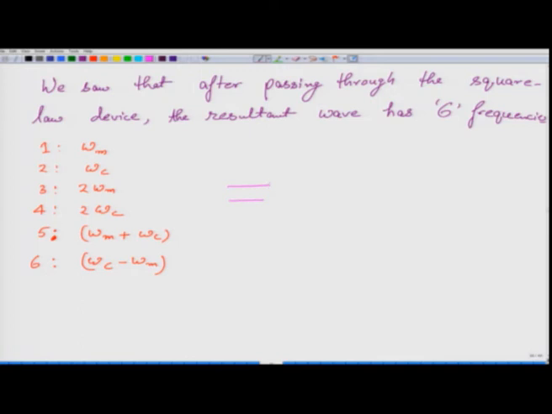So, to get rid of these unwanted frequencies, we need to have a band pass filter that is centered at omega c and which can pass the frequencies starting from omega c minus omega m till omega c plus omega m. So, what we do is, after this square law device, we pass it through a band pass filter.